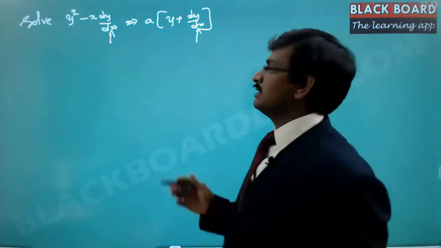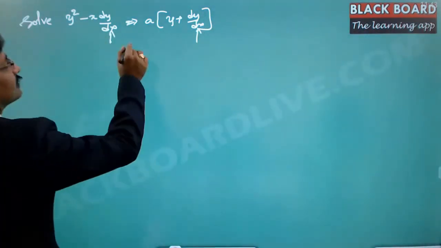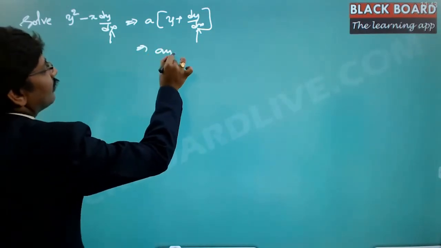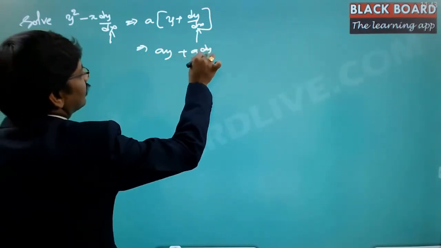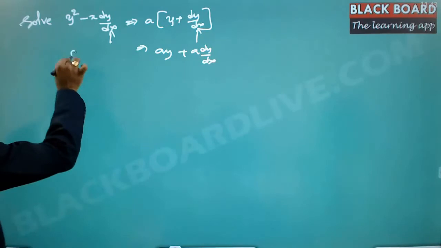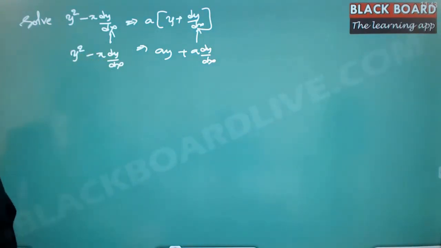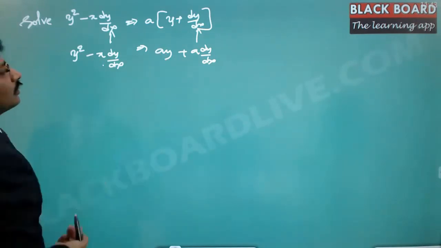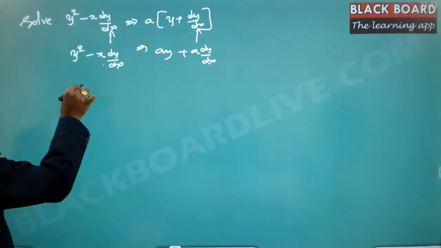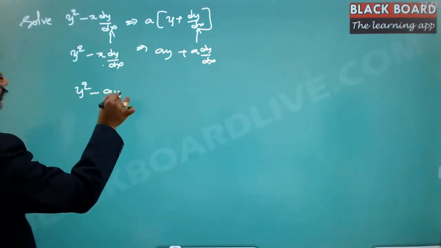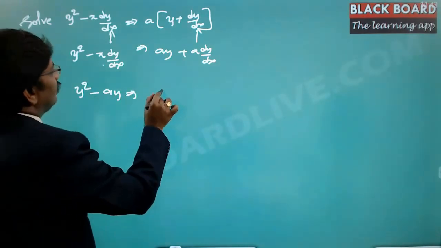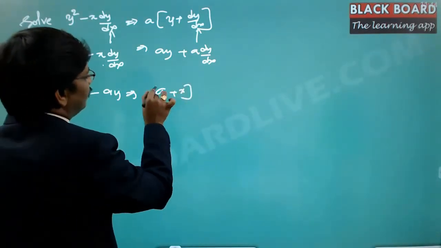See this, here x dy by dx, and this I can write as ay plus a into dy by dx, and this is y square minus x dy by dx. Now this I bring to the other side, and this I bring to this side. y square minus ay is equal to a plus x into dy by dx.